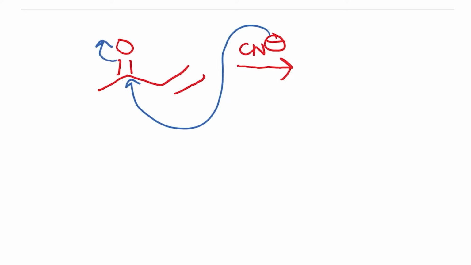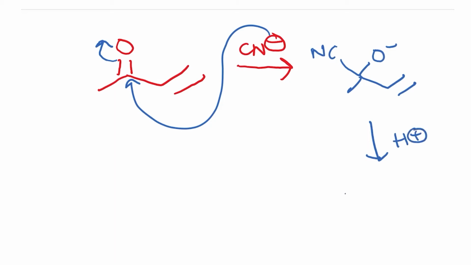So you can produce this kind of an intermediate, which can then pick up a proton and give you the product. Okay, now at 5 to 10 degrees centigrade, this is the dominant path. That means that you don't see the other product being formed.